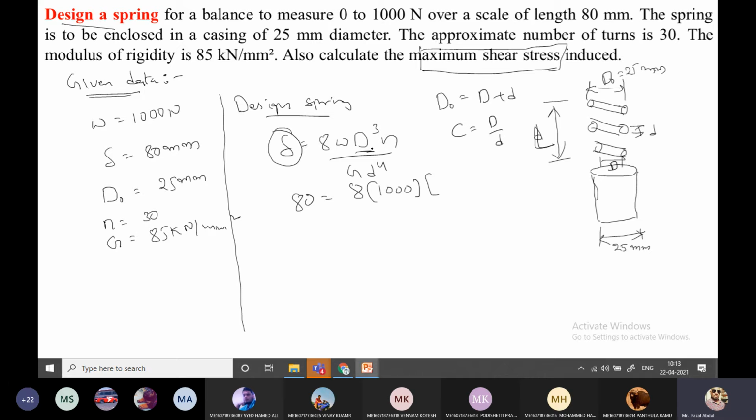In this equation, D cube is there, and d power 4 is there. It means if you take D by d whole power cube, this will be considered as C power 3. So slightly here I am rewriting the equation. The deflection equals 8W into C cube into N by G d. Only power 3 I consider, because one d is there.